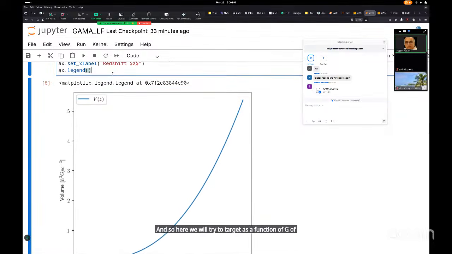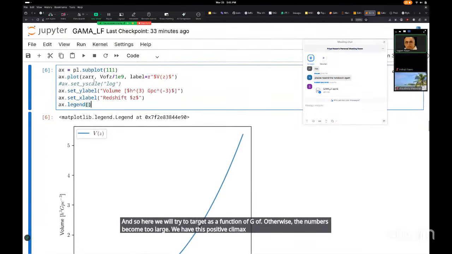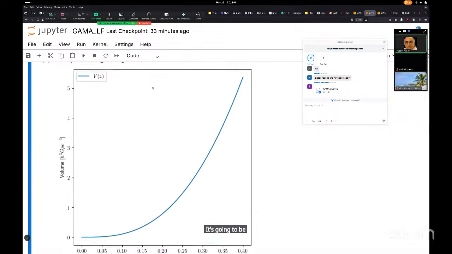Otherwise, these numbers become too large. Okay, so I'm plotting z, comma V of z divided by 1e9, and the label is going to be for the volume. So you see how it looks. It's basically like pi cube, and that's why it has this cubic kind of behavior.